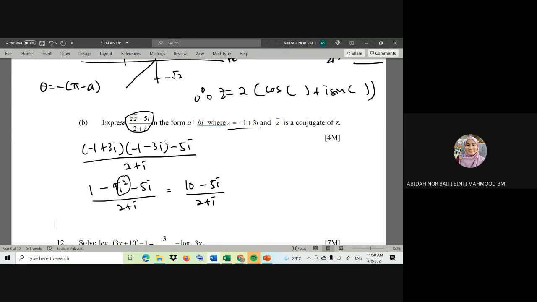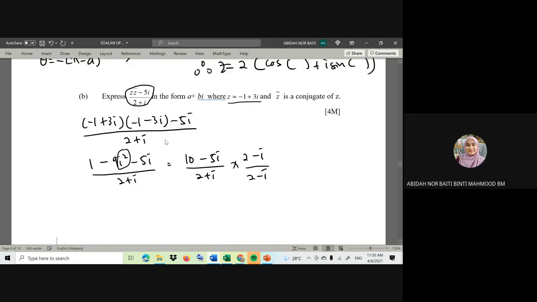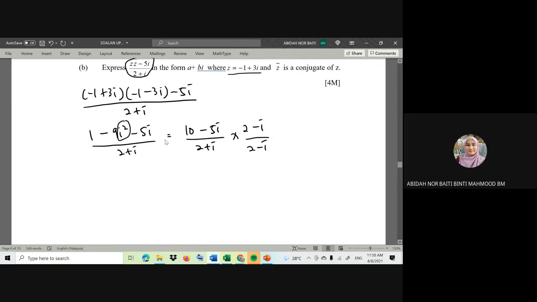Okay, and here you have to multiply by its conjugate of denominator. Okay, this is multiplication of fraction. Numerator times numerator, denominator times denominator. So 20 minus 10i minus 10i, betul kan? Plus 5i squared over 4 minus i squared.